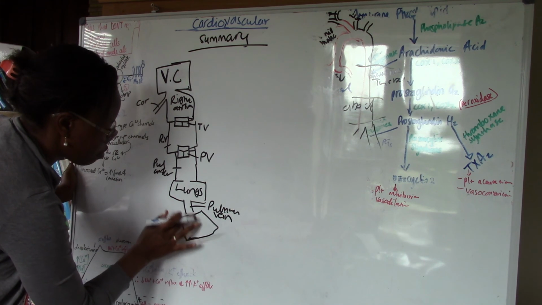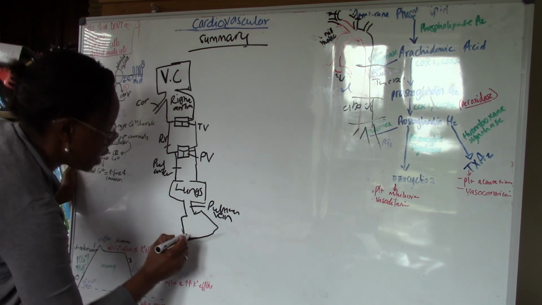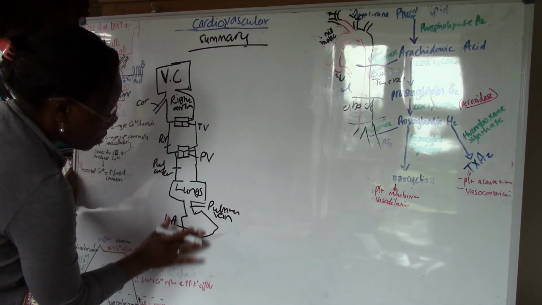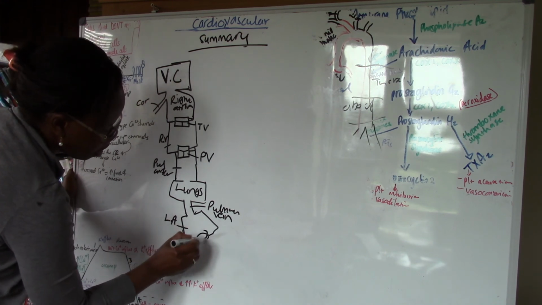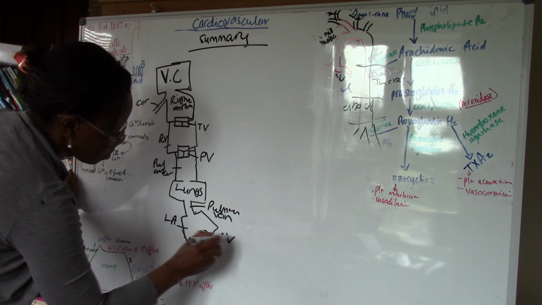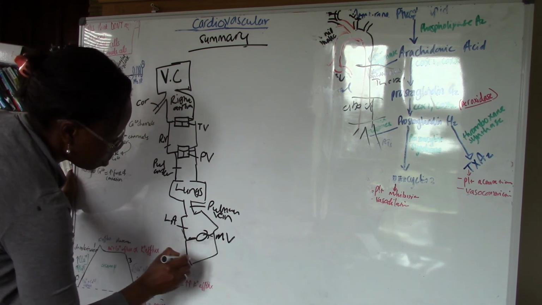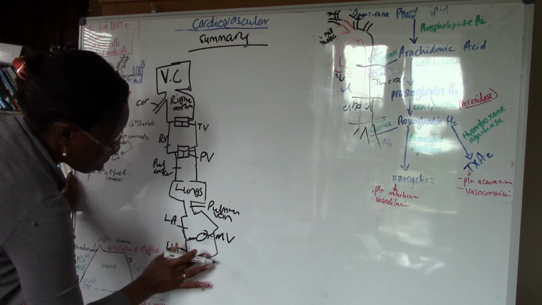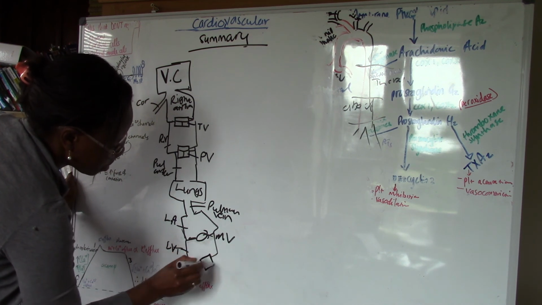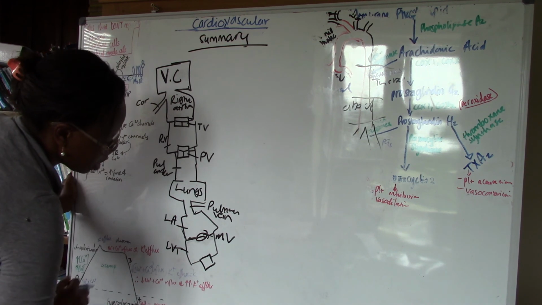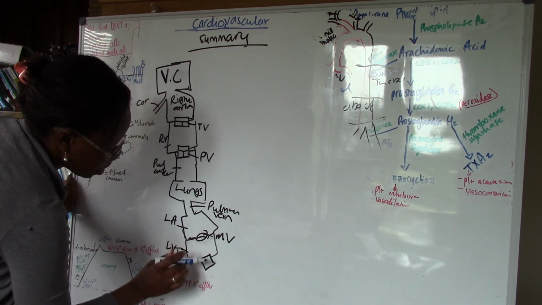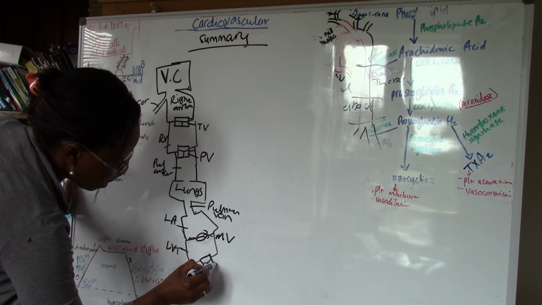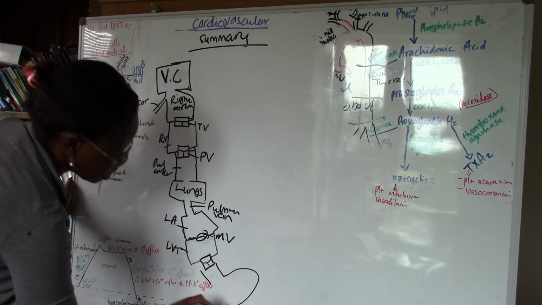and then from the pulmonary vein, blood enters the left atrium, and then from the left atrium it passes through the mitral valve, which really is a bicuspid valve, flows into the left ventricle, passes through the aortic valve, which is a tricuspid valve, into the aorta and the body.